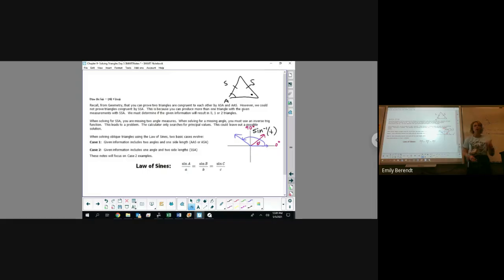So we have to use our prior knowledge of reference angles. Remember, reference angles are from the terminal ray to the closest x-axis. So you would have another reference angle here. And the reference angle and that obtuse angle would total what? They would total 180.